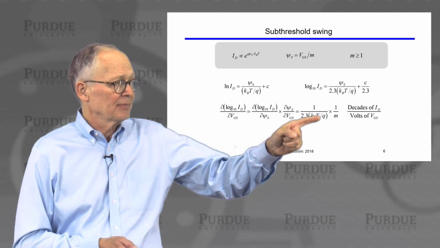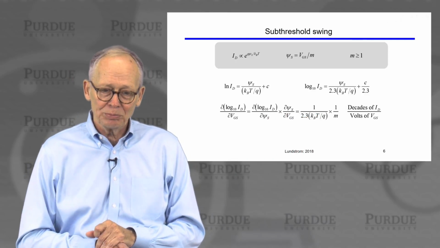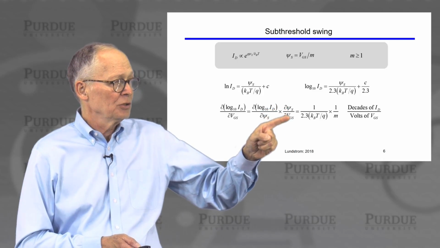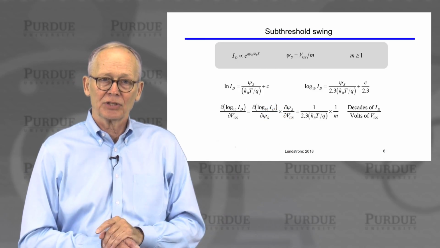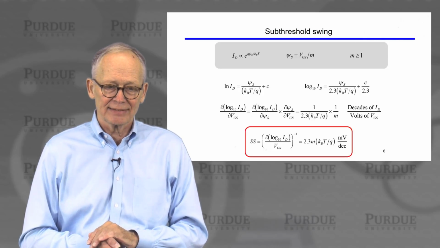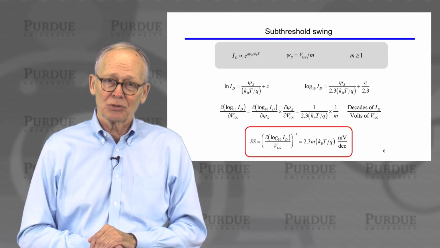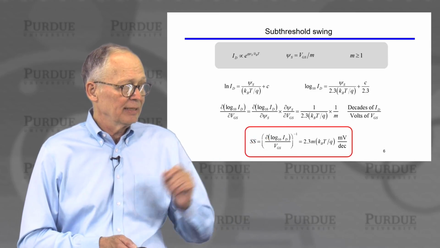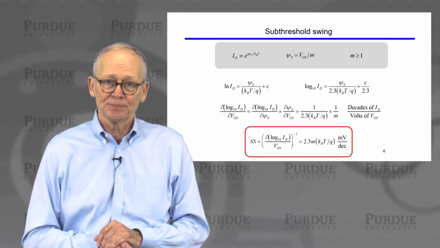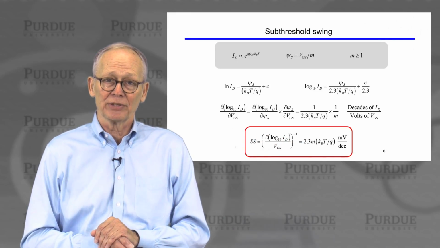If we do that, we find that this slope, which we would call the subthreshold slope, is 1 over 2.3 times kT over q times 1 over m. Normally we express this as subthreshold swing, which is 1 over this slope. So the subthreshold swing is 2.3 m kT over q, and that is normally expressed in millivolts per decade.